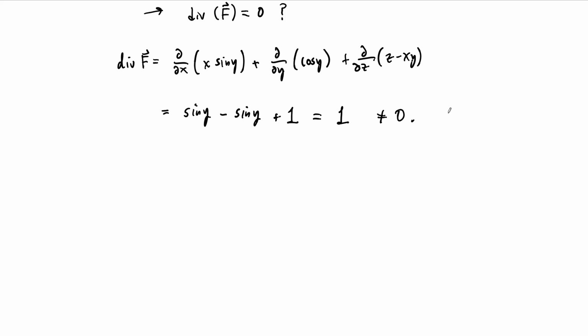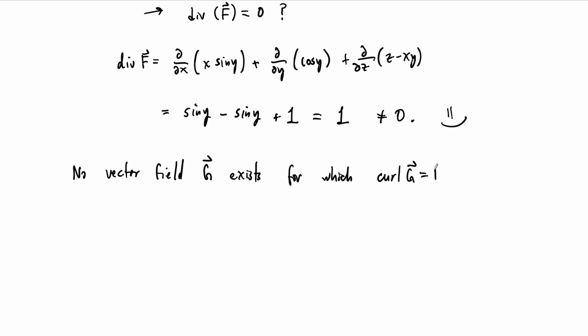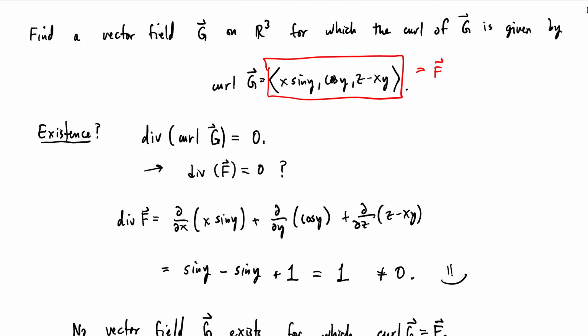So I'm tempted to put a frowning face, but actually, what does this tell us? As long as this is correct, what this tells us is that no vector field G exists for which the curl of G is this vector field F. So this given vector field cannot be realized by the curl of any vector field.